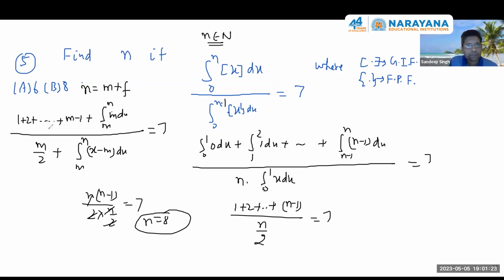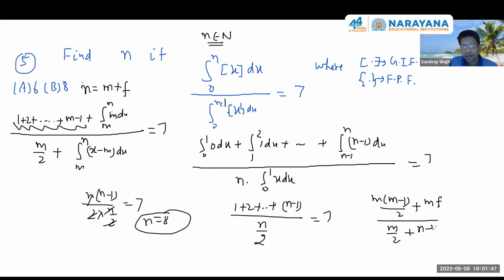So now what will happen? So 1 to m minus 1 will become how much? m into m minus 1 by 2, and plus this will be m into n minus m, that is m into f. I can write the fractional part of n. And what about the denominator? कितना होगा?